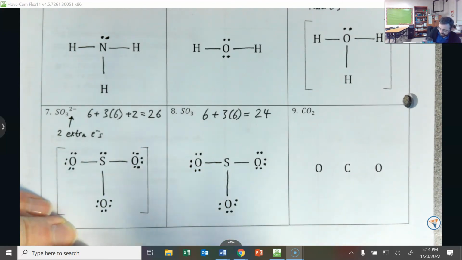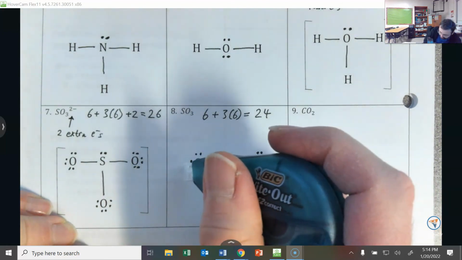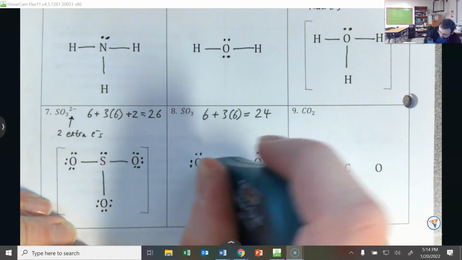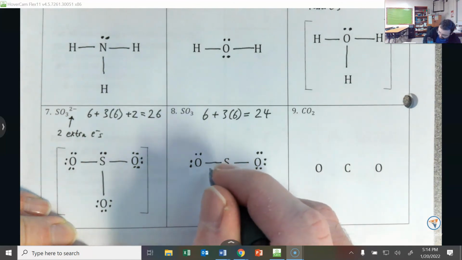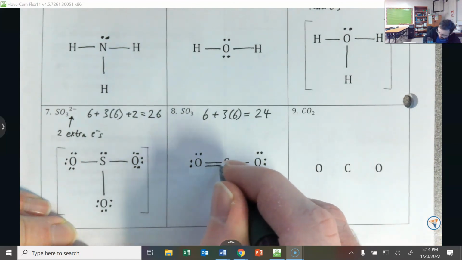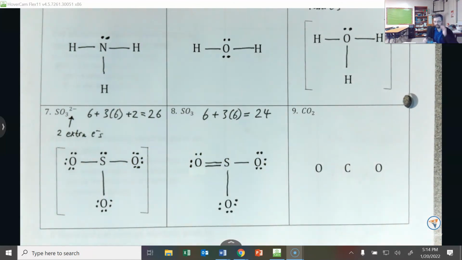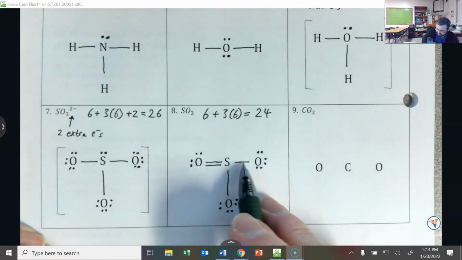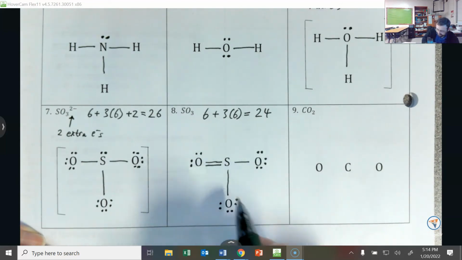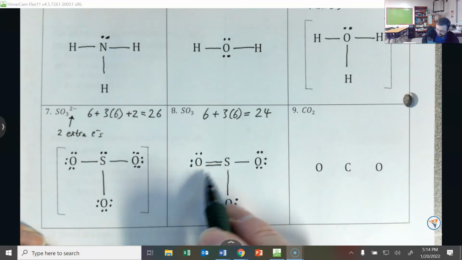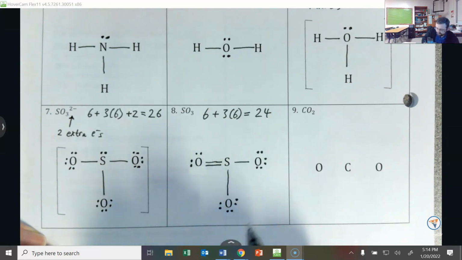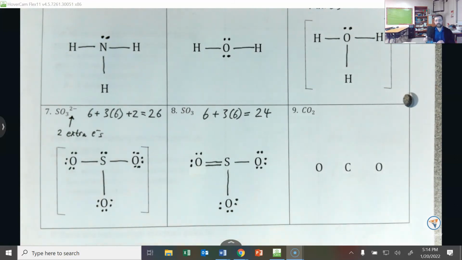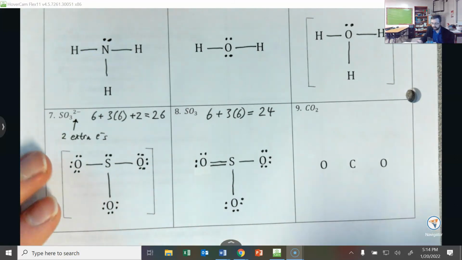You could draw arrows and then redraw it, but for now I'm just going to cover up or erase 2 dots and make it into a line instead. Oxygen still has 8, and now sulfur has 2, 4, 6, 8. Use double bonds when there's not enough electrons on the central atom.